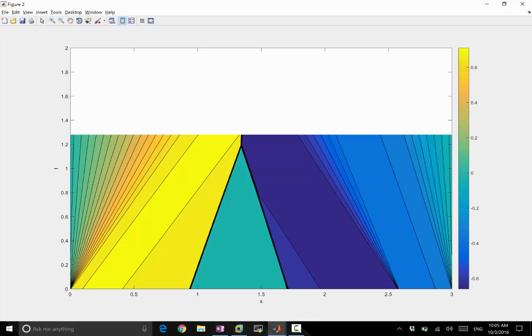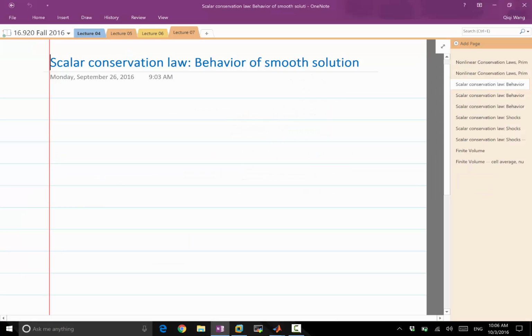That's a great point. So you already did the analysis I wanted to do. That analysis is from the differential form of the equation, right? So if you go back to the differential form, partial u partial t plus df du times partial u partial x equals 0. And we said this is the wave speed. If f is only a function of u, then df du is only a function of u.